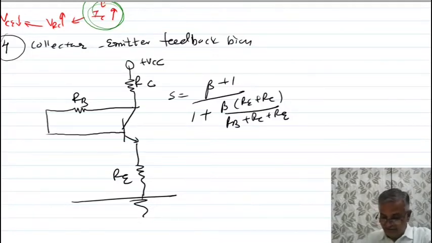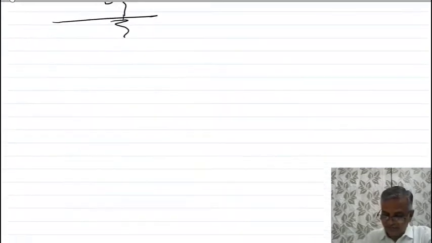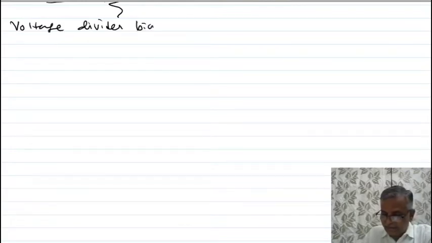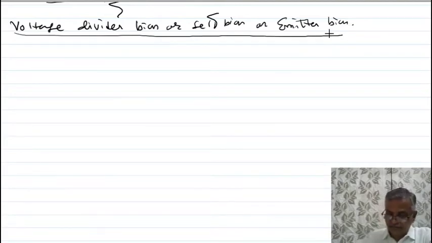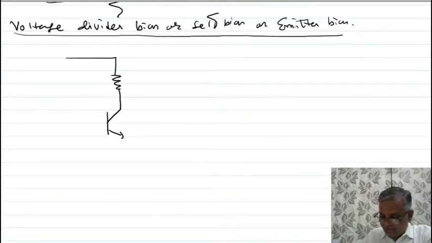Then the last circuit we have seen is the voltage divider bias, or it is called self bias, or emitter bias with a voltage divider bias. The circuit diagram of the voltage divider bias is as shown in the figure.